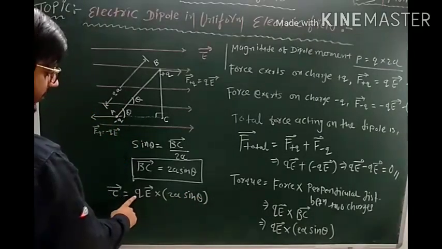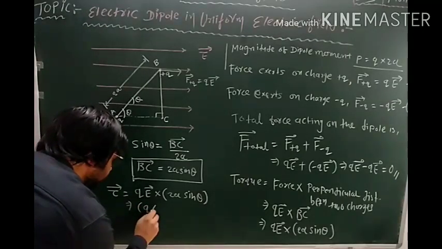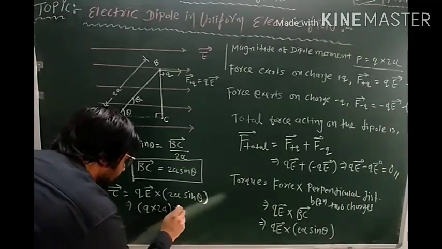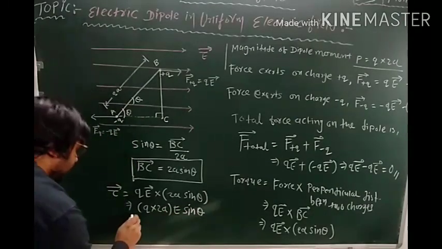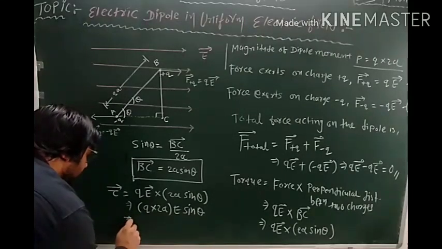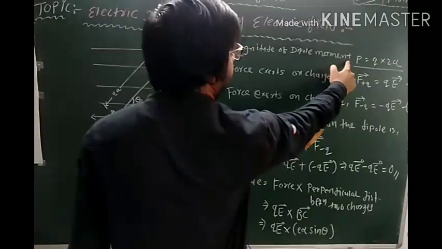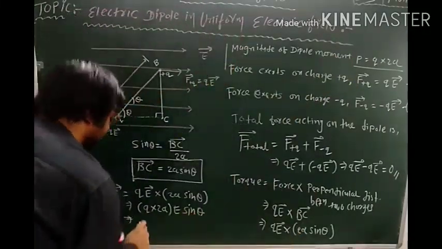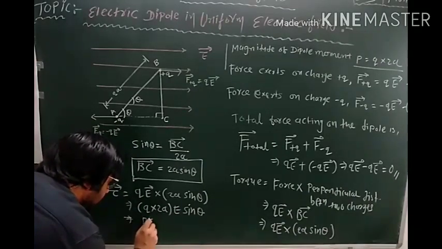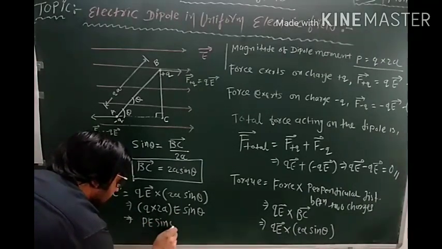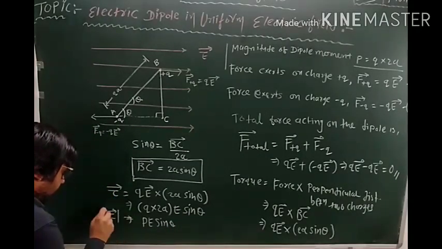Now we can combine: q cross 2a times E sin theta. Here one can see that q cross 2a is the dipole moment, so we can write q cross 2a is p. So tau equals pE sin theta. That is the magnitude of the torque.